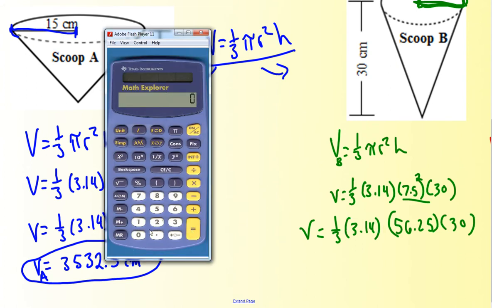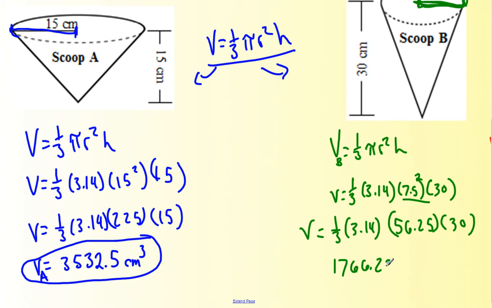So 1 divided by 3, to change the 1/3 into a decimal, times 3.14, times 56.25, equals. Times 30 equals 1766.25. This is the volume of B, and that is in centimeters cubed as well.